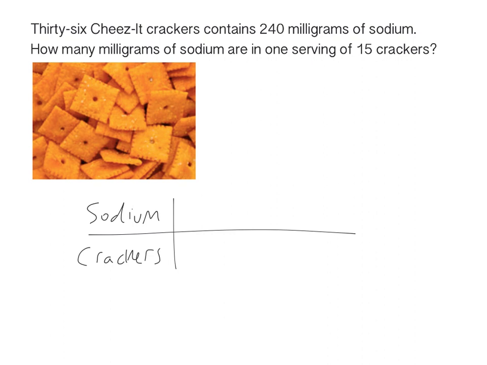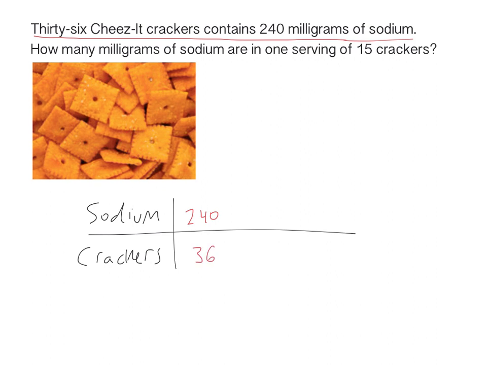Okay, and did they give us any ratio to start out with at least? Well, 36 Cheez-It crackers contain 240 milligrams. Okay, this is a ratio given to us, of sodium. For every 36 someone eats, they get 240 milligrams of sodium. So 240 up there, and that goes with 36 crackers.